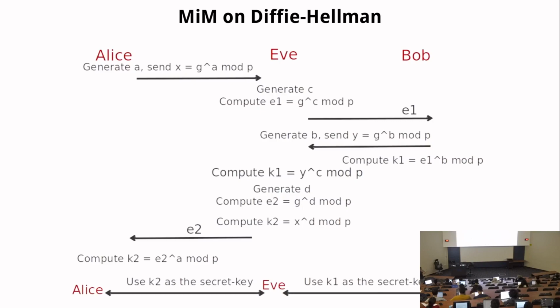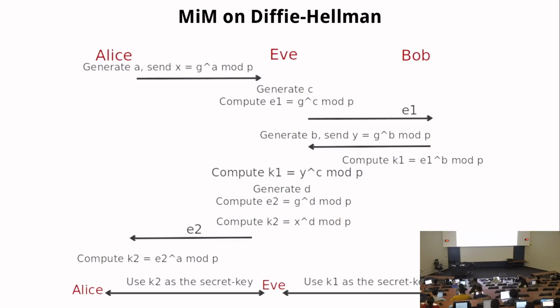Bob also faces the same situation. Bob has a secure communication channel, but Bob believes that secure communication channel is between him and Alice, but in fact it is between him and Eve. So basically, we are running the Diffie-Hellman protocol twice. Once between Alice and Eve, the second time between Eve and Bob.